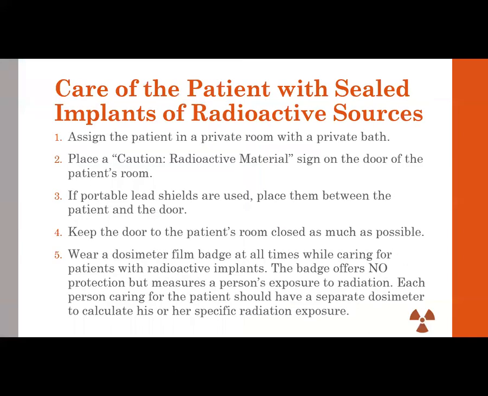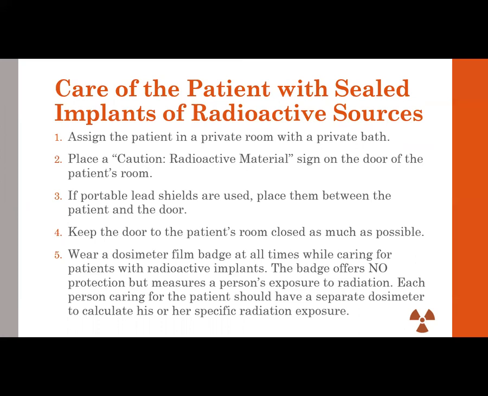Now, I cannot stress this enough, but make sure that you know all of these care points for patients with sealed implants of radioactive sources, because these are very easy, NCLEX-type questions, and they're very cut and dry. You want to assign the patient a private room with a private bath.